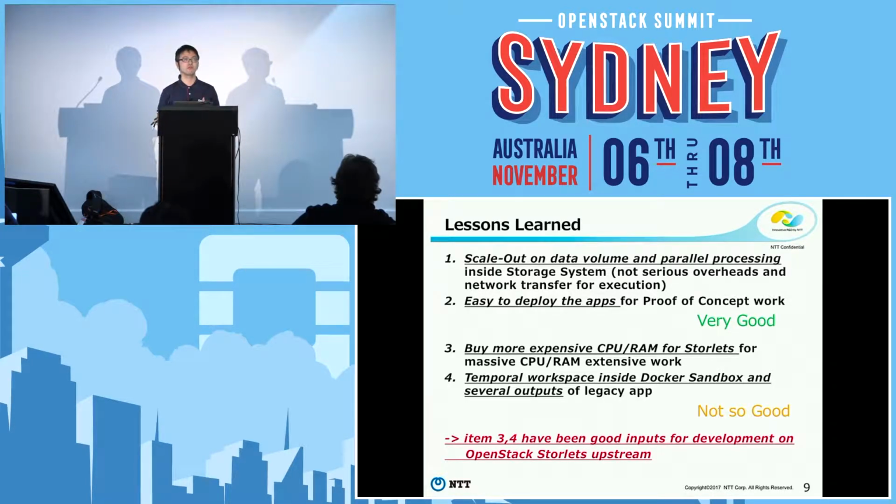Legacy applications sometimes want to dump their state to the local file system, which will be in the storage container, so we need to prepare disk file space to run our application. But like item four, it's really good input for upstream development. We can modify and fix it to support this in upstream. That's what I learned in this proof of concept.